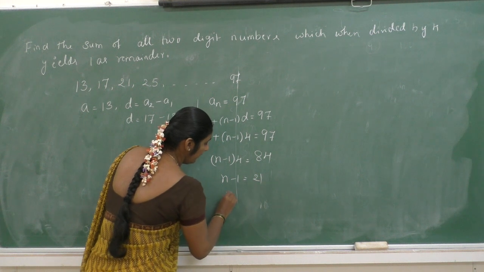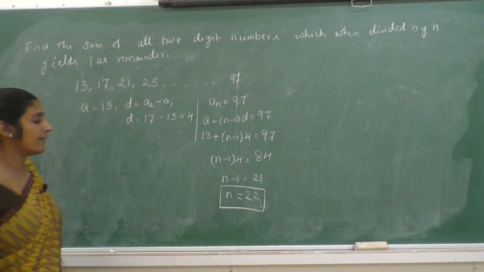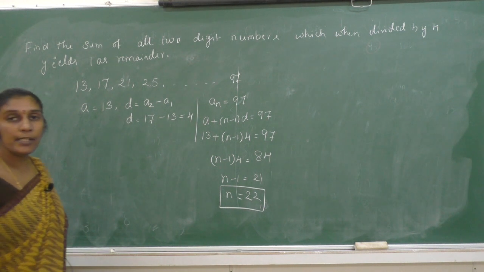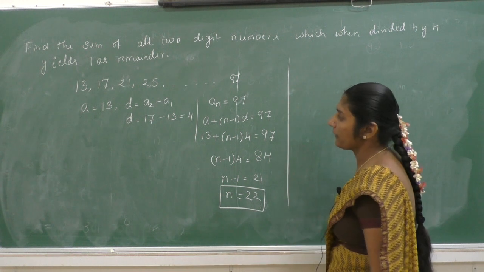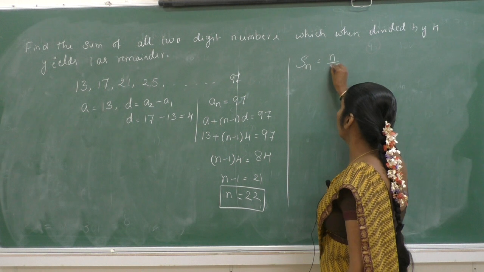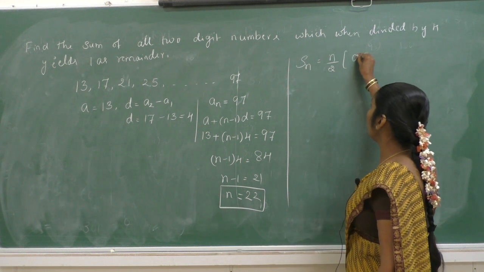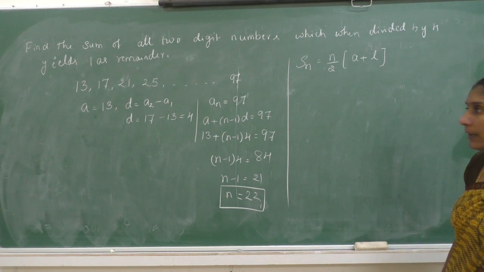So n will be 22. The number of terms in this sequence is 22. Our aim is to calculate the sum of 22 terms of this sequence. The sum of all terms in an arithmetic progression is n by 2 into A plus L, where L is the last term of the sequence.